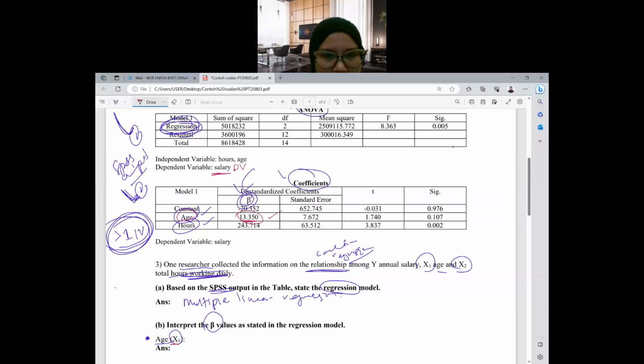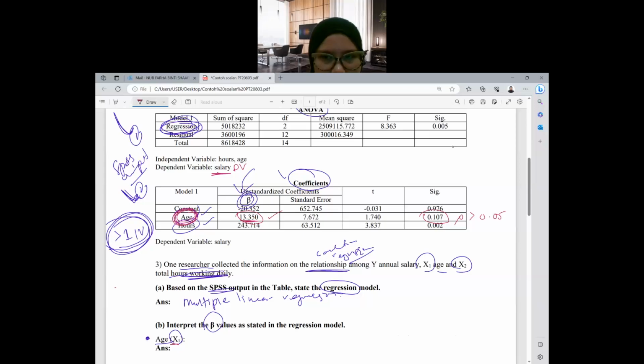However, it is important to note the p value here, 0.107. This p value is more than 0.05. What does it mean? It means that the coefficient of the age variable is insignificant.